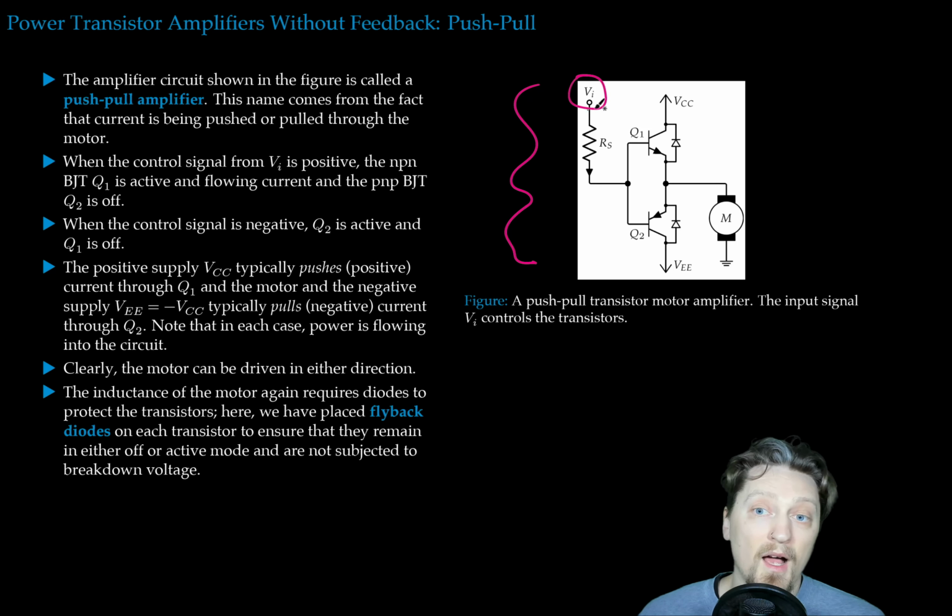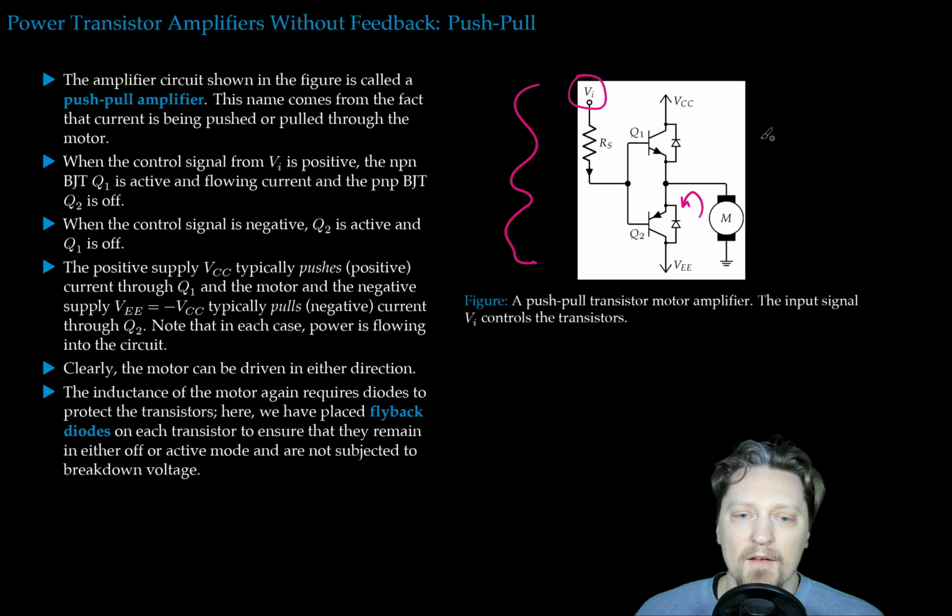When VI is positive, we'll be controlling Q1, which is going to be active, and we'll be pushing current from VCC through Q1 and the motor. In the case that VI is negative, Q2 will be active and we'll be pulling current through the motor this direction. So we'll be able to drive the motor in either direction.